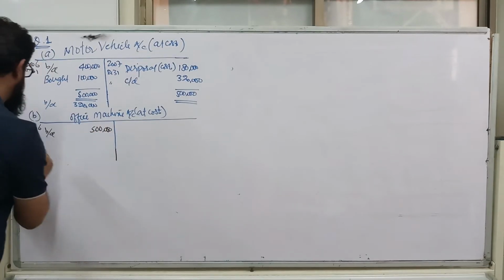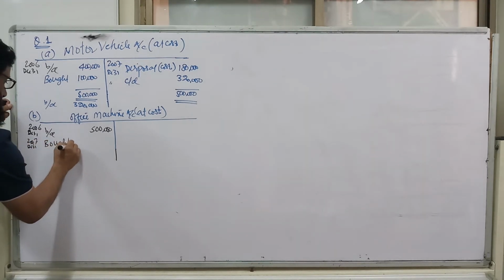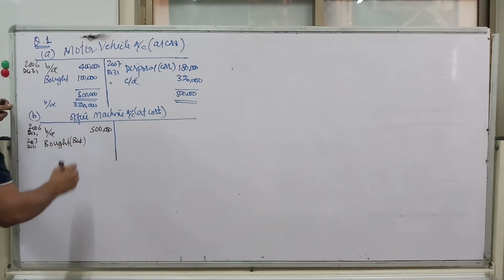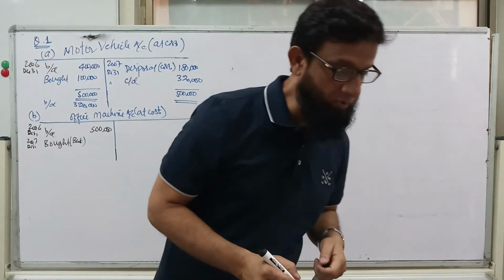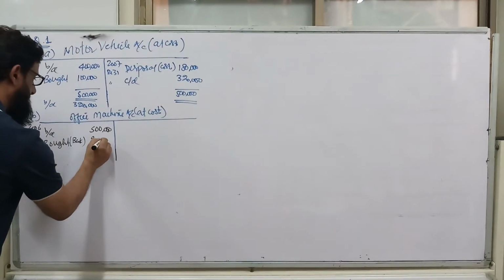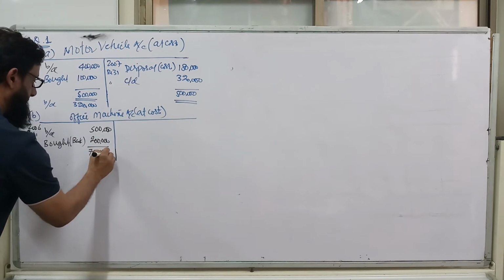and 2007 December 31st, then office machine bought by check. Office machine bought by check. The value of the new office machine bought by check was 200,000. Okay, total balance was 700,000.